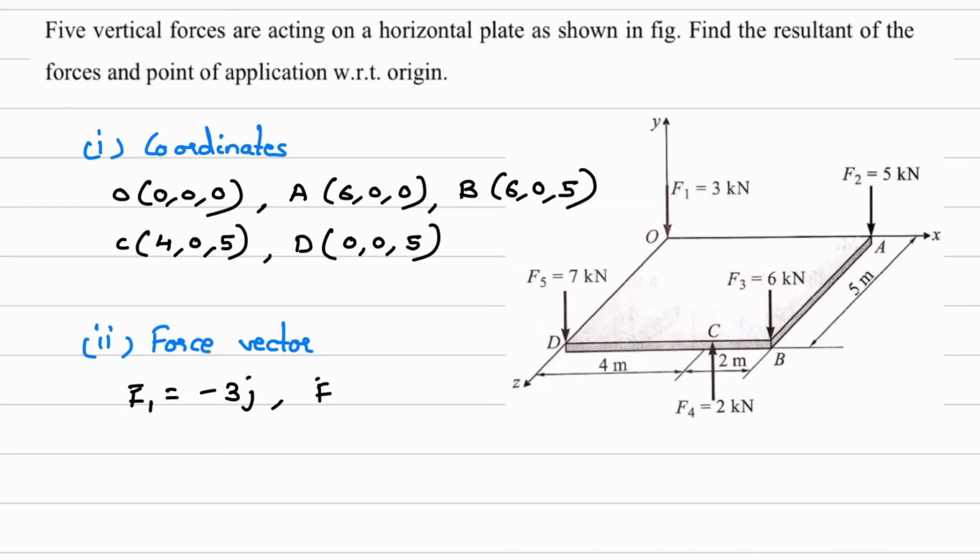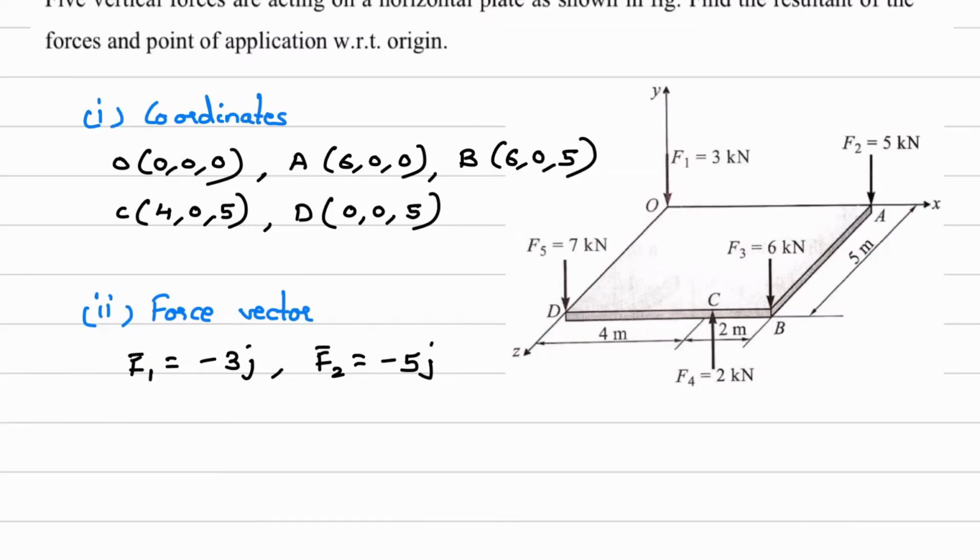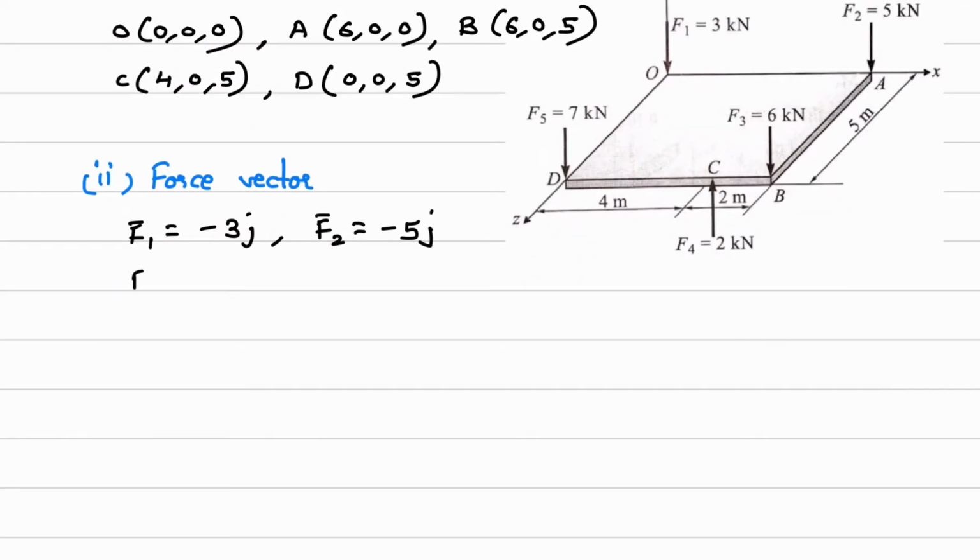Force vector 2 is acting in downward direction. So minus 5J. F3 is acting in downward direction. So minus 6J.